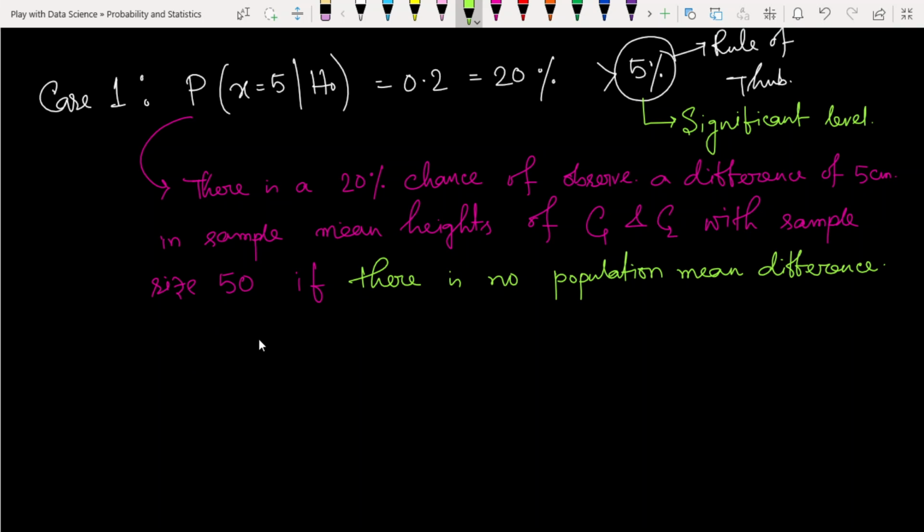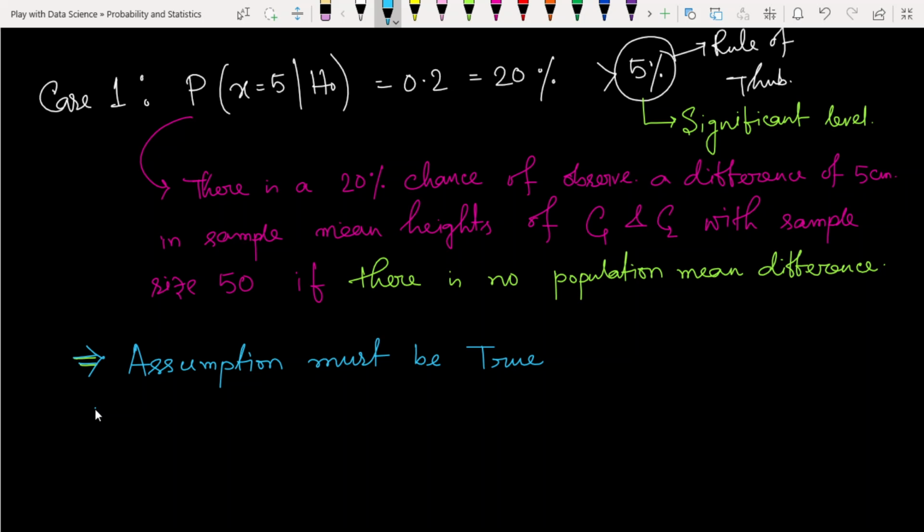So in these situations, if this happens, then our assumption must be correct. There is such a large probability that our assumption must be true in such cases.